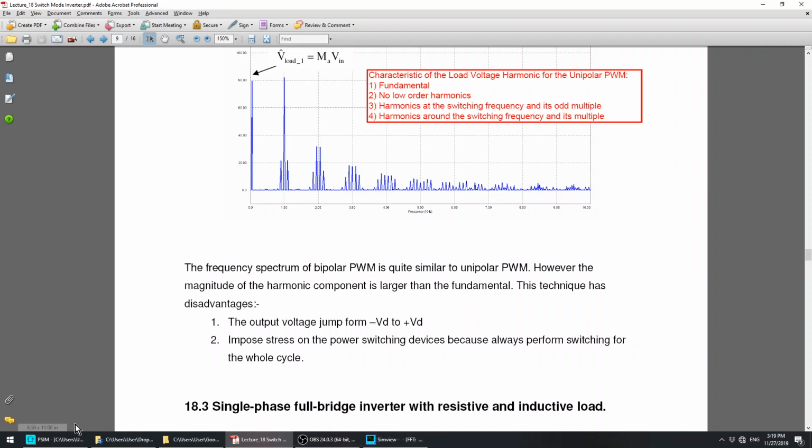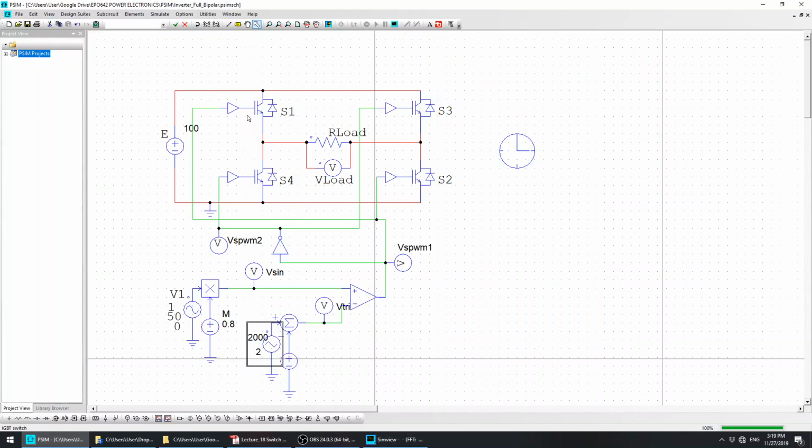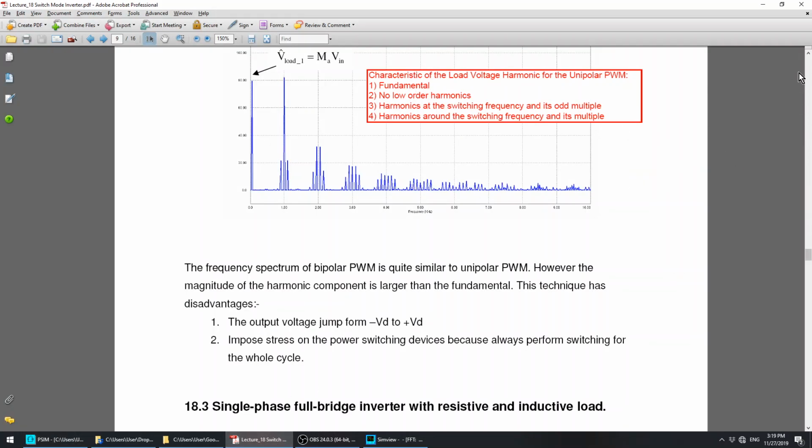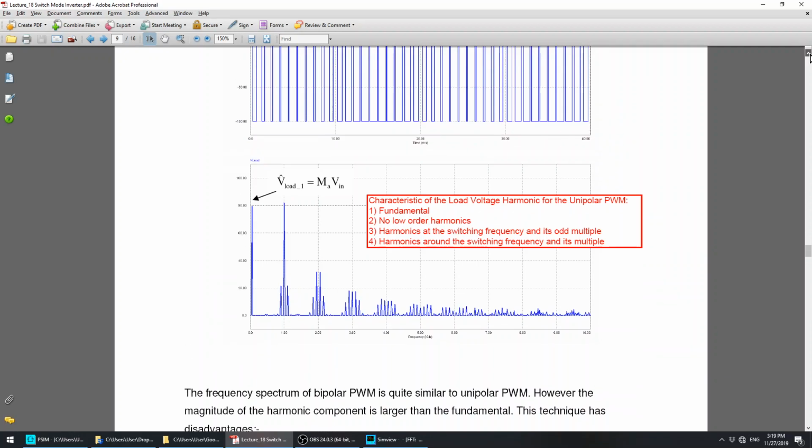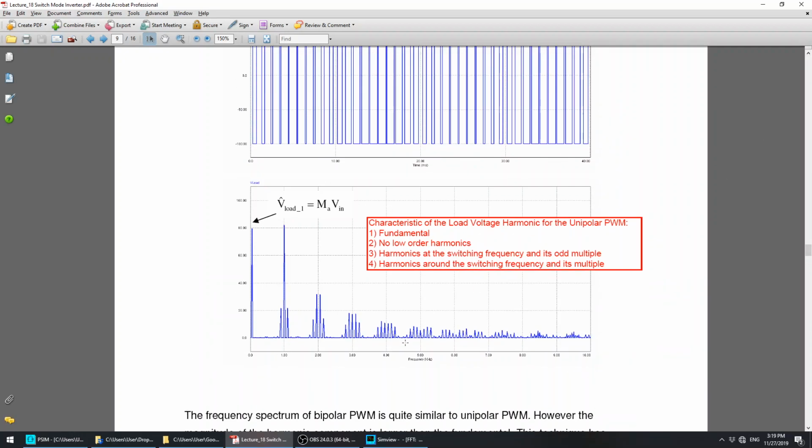So please download the PSIM circuits for unipolar and bipolar PWM, which I've already put on the Padlet website. You must explore. You also need to memorize or recognize the harmonic spectrum, so that if you are given this sort of waveform, you'll be able to tell that this comes from the bipolar PWM technique, right?